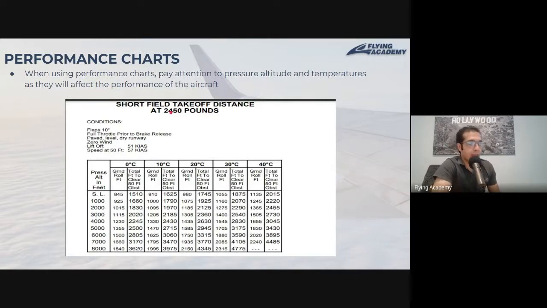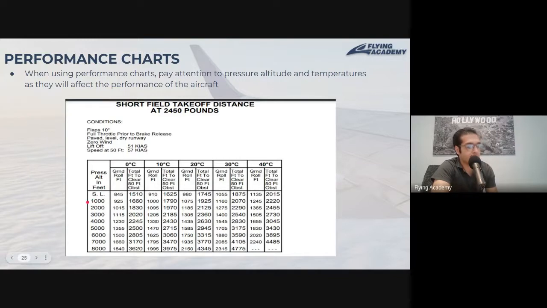Keep in mind during previous pages in the POH, they might give you a ramp weight, which is 8 to 10 pounds higher than this because of the fuel that you're going to burn to taxi and do the run up. Keep in mind, you're always checking this, make sure you're all set. So max takeoff weight is 2450, and let's say you're at Florida, basically at sea level.